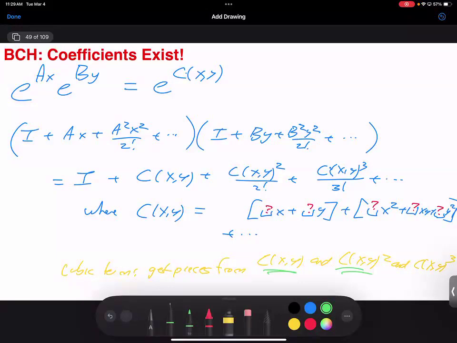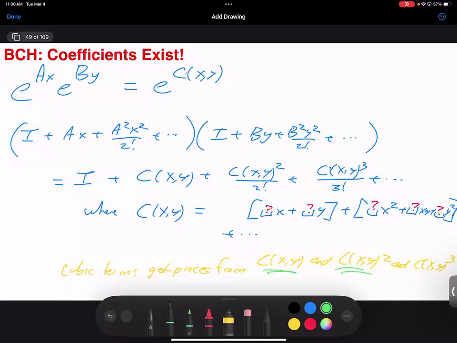When we look at how to get a cubic term, the c of xy in the beginning is going to give us cubic terms. The c of xy squared will give us cubic terms, but none of those will come from the cubic terms of c of xy. They'll come from just linear times linear, linear times quadratic. And the c of xy cubed, we'll get it from linear times linear, I think is the only way we can get it.